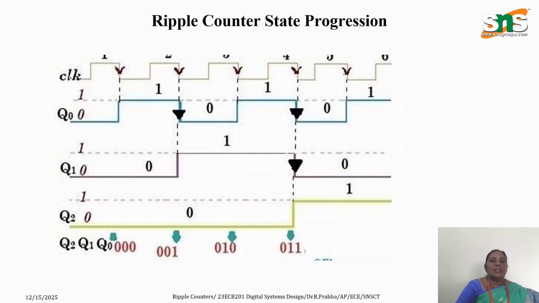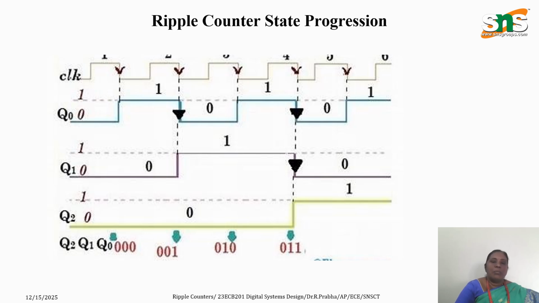And this timing diagram explains how the flip-flops operate. Since the flip-flop is a JK flip-flop or T flip-flop, its operation is toggling, and we cannot receive simultaneous outputs because each flip-flop toggles.